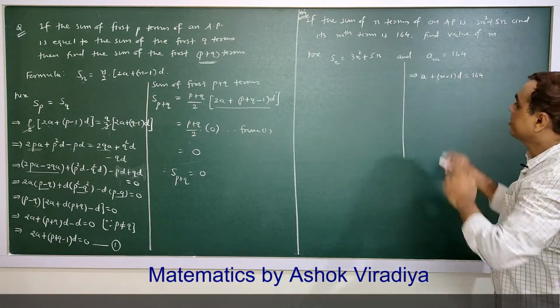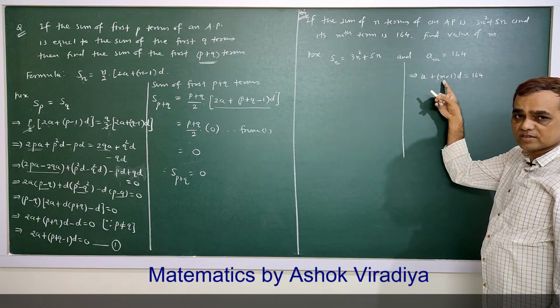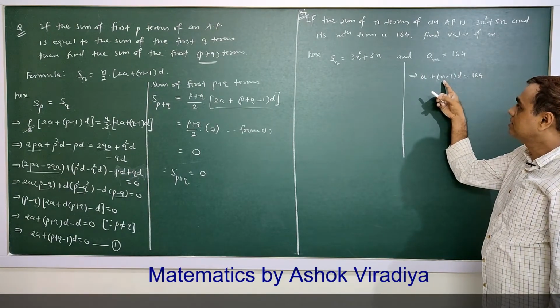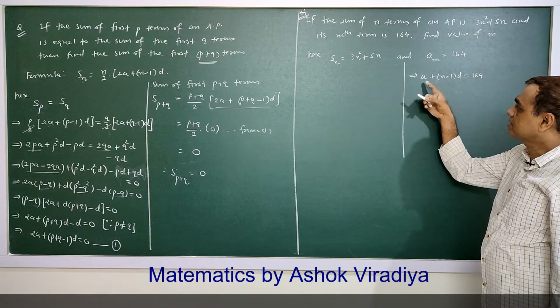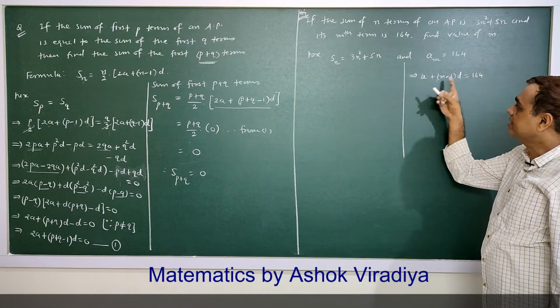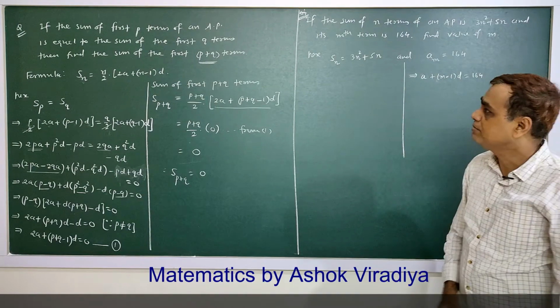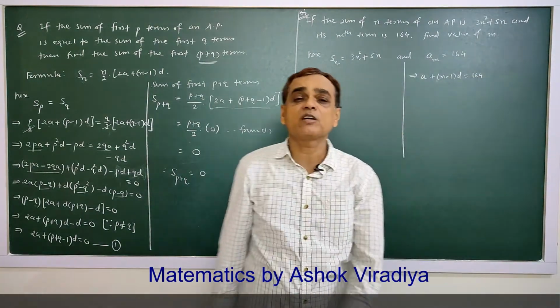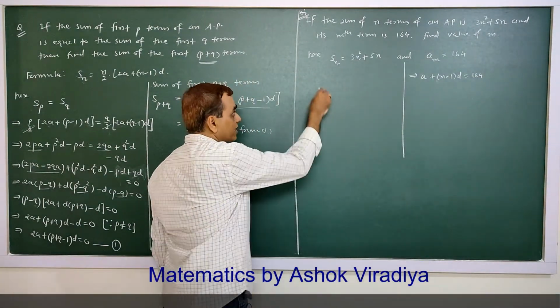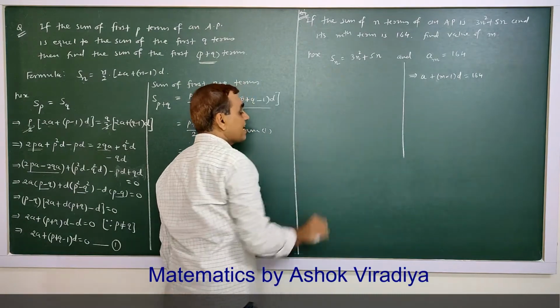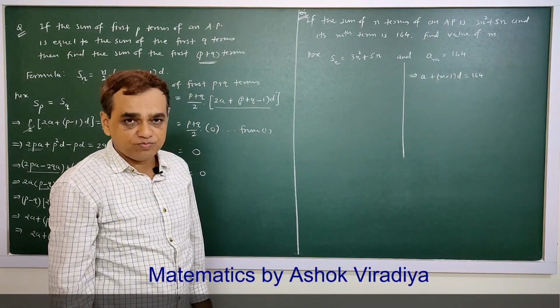Now we want the value of m, and it is possible if we know the values of a and d, and the values of a and d can be calculated from this result. So it can be calculated by finding S1 and S2.